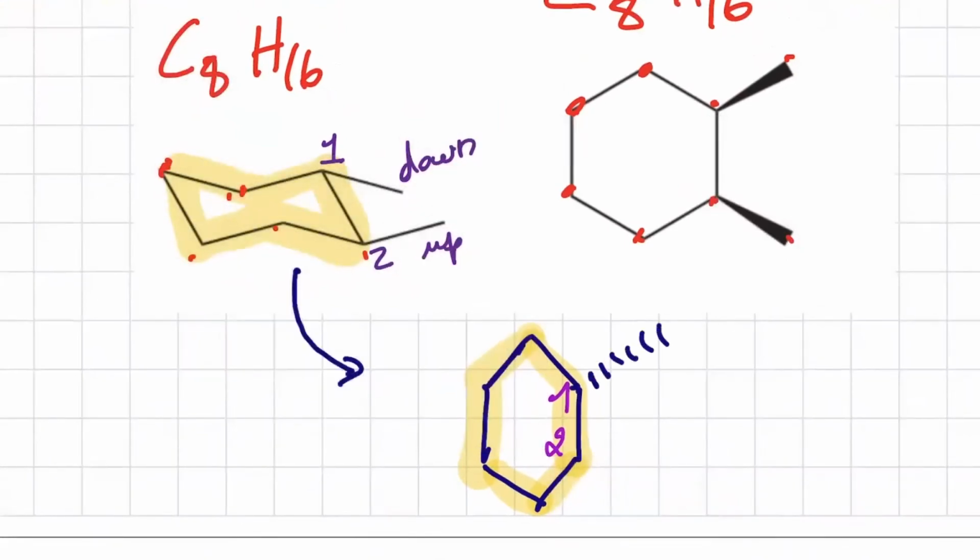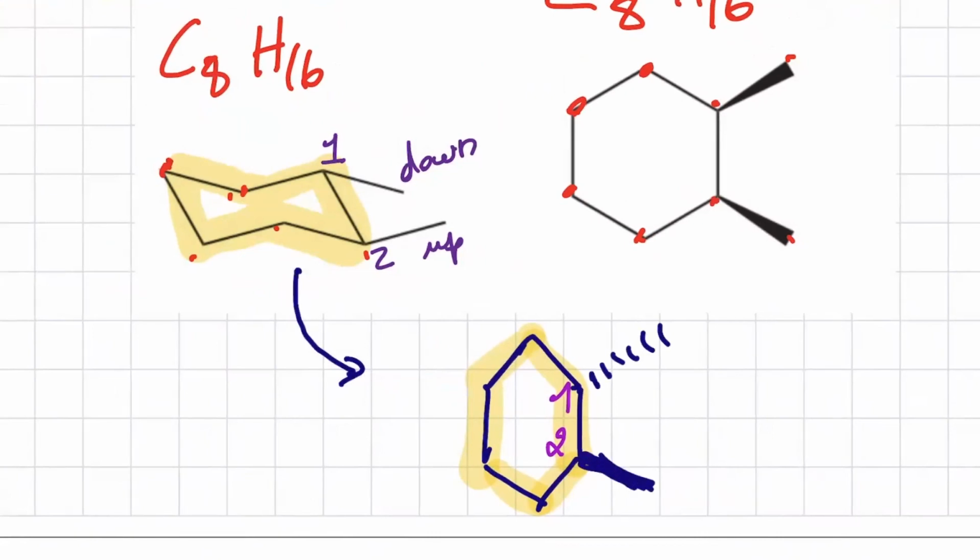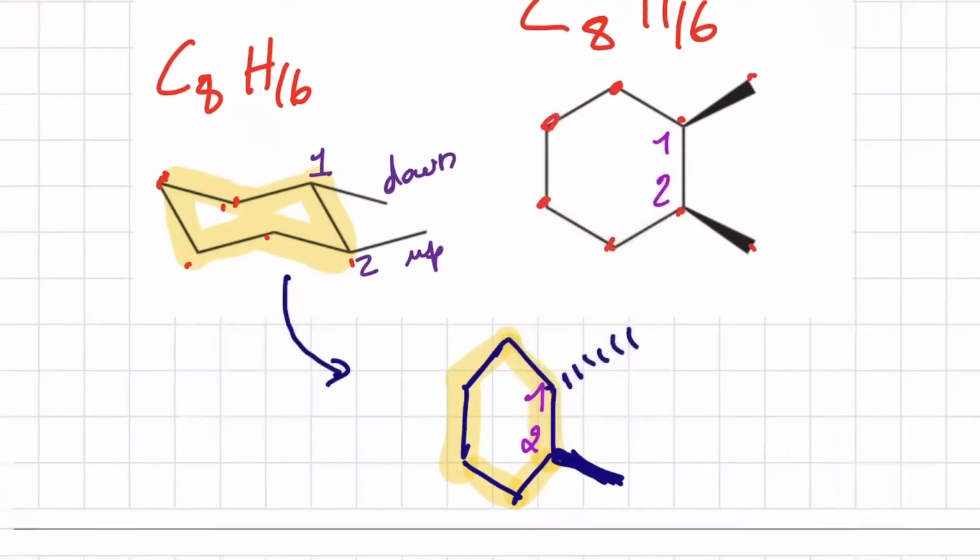And at position 2, my methyl group should be pointing up. Now I can compare those two structures, right? I've just put the numbering so that it's even clearer for you guys.